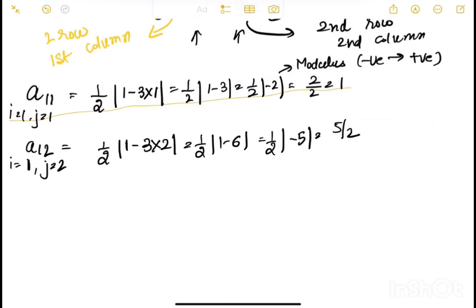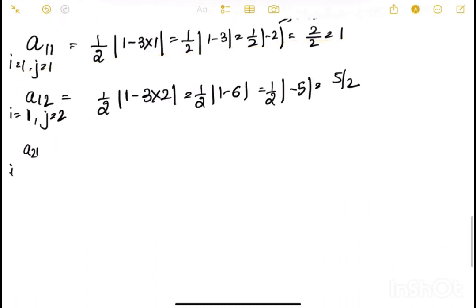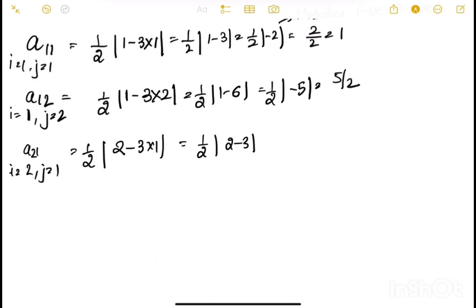So we have just calculated A11 and A12. Now for A21. Why are we finding A21? Because that is the next element whose value we have to calculate. Now i is equal to 2 and j is equal to 1. We will just plug in the values: i minus 3j, which is 1 by 2 times |2 minus 3|, which is 1 by 2, right?